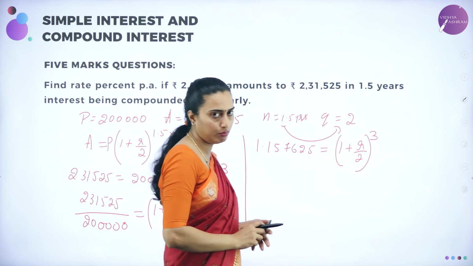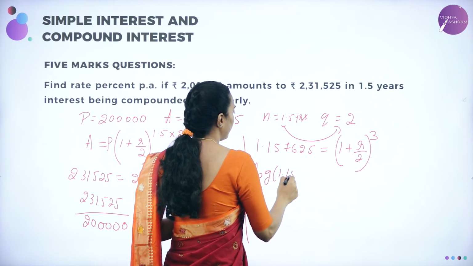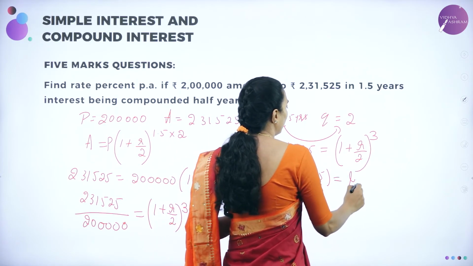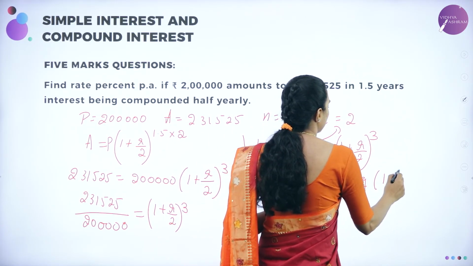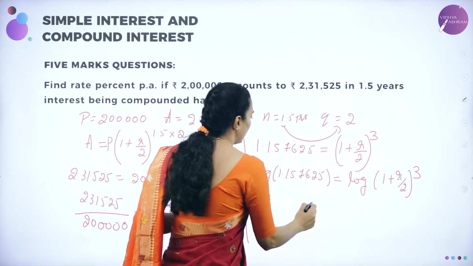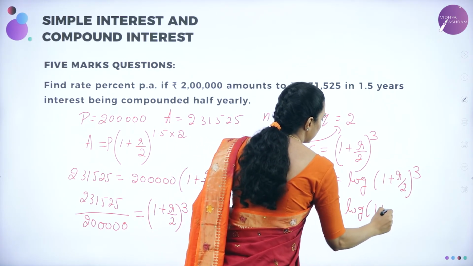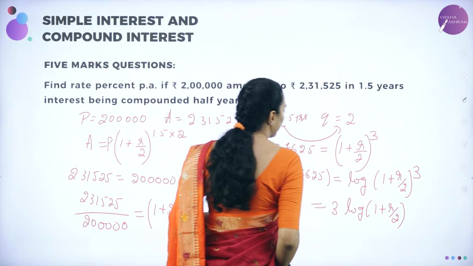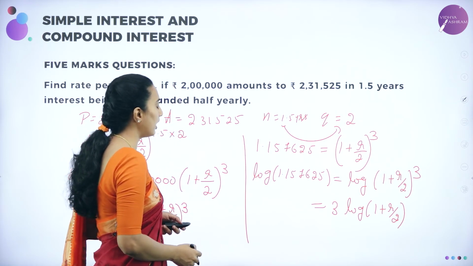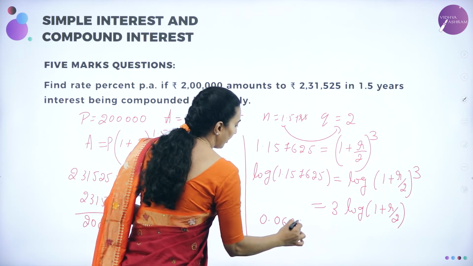Otherwise, you can take log on both sides. If you take log on both sides, log 1.157625 is equal to log of 1 plus R by 2 whole power 3. This is log m power n, so this will become 3 log 1 plus R by 2. Now finding the log value of this, you get 0.0635.